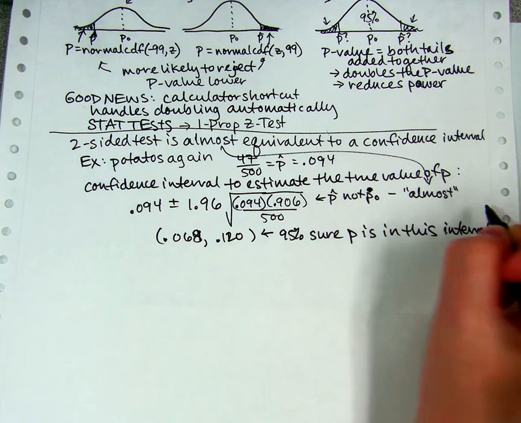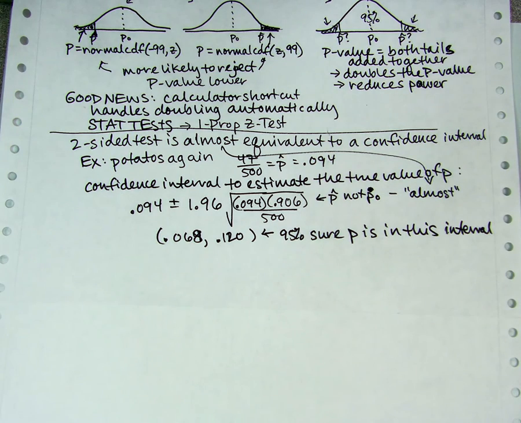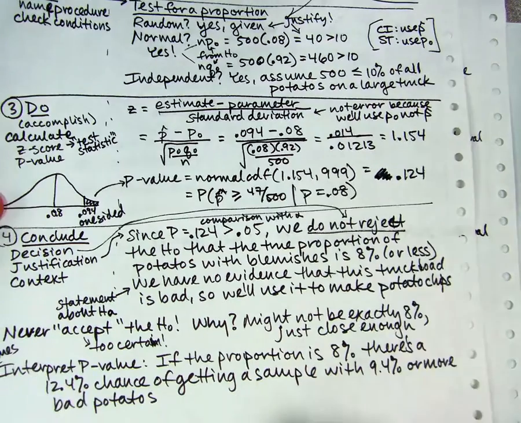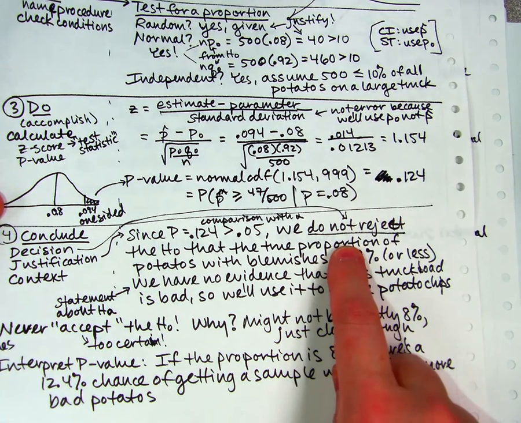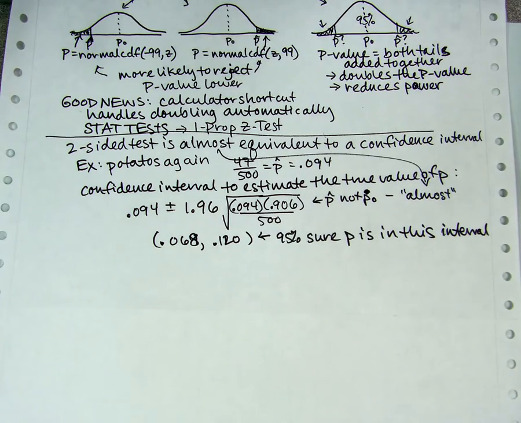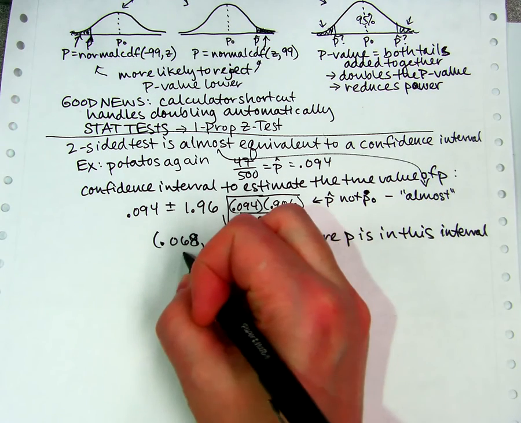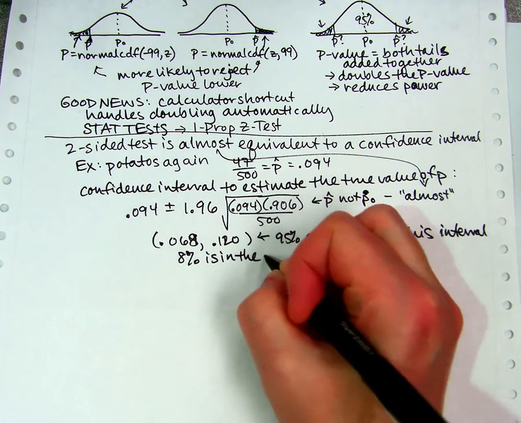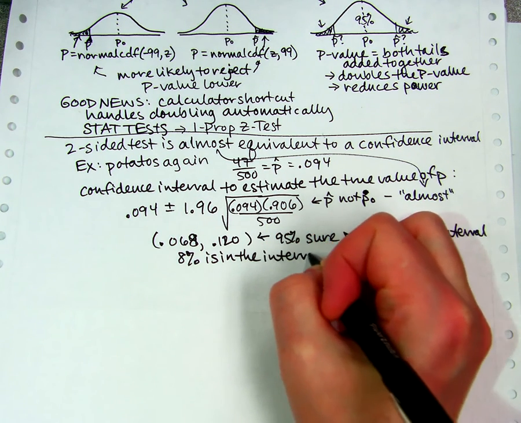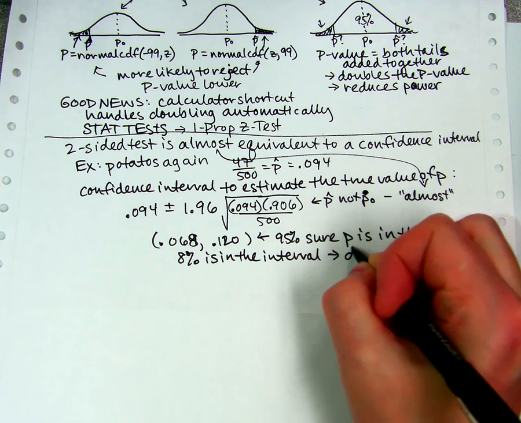So that's review from chapter 8, but let's think about how that relates to what we did with our example in 9.2b. We got a large p-value and we did not reject. The reason we're not rejecting is that 8% is in the interval. That would mean we do not reject.